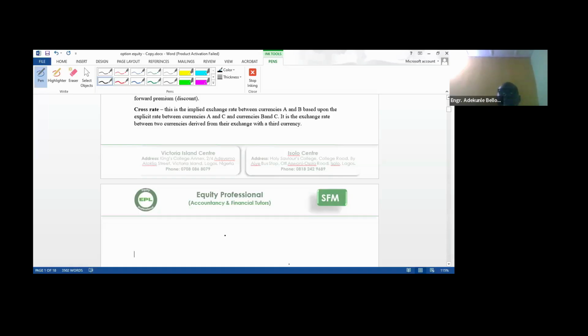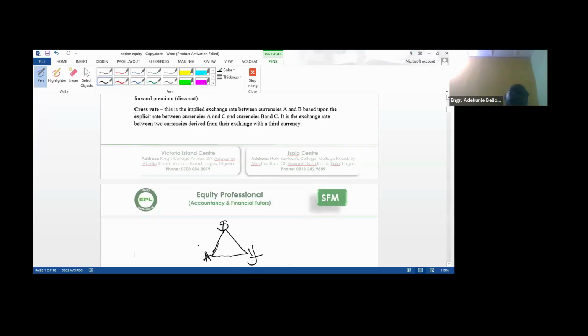Look at this triangle. Naira to dollar, yen to dollar.